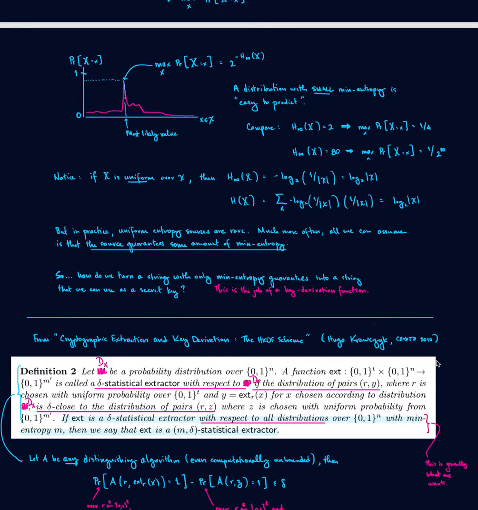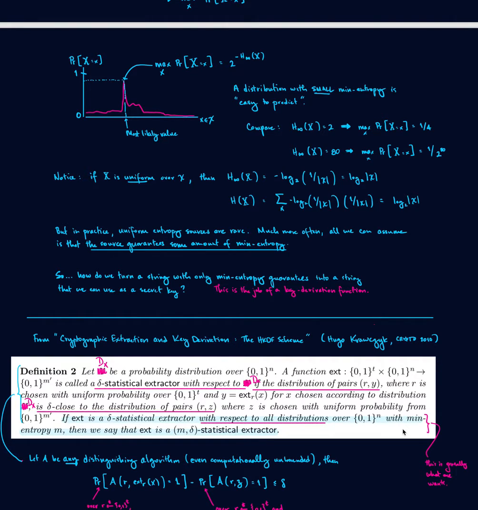The job of an extractor is, as the name suggests, to extract from a potentially long string of non-uniform random bits a almost certainly shorter string in which all of the bits are uniformly random or very close to uniformly random. This is an extractor, a randomness extractor, an entropy smoother. These are all names for the same kind of thing. We're just going to call it an extractor.